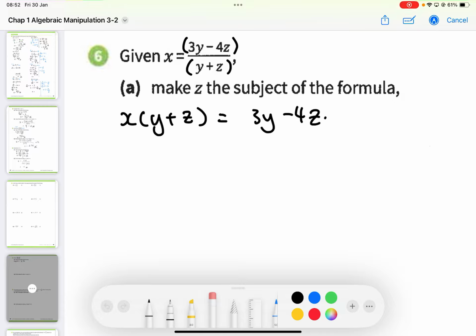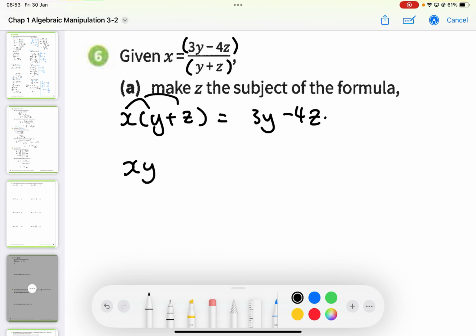I multiply across, then this side, I don't need to put the bracket already because it's by itself. But I still have a Z here, I still have this Z inside the bracket. So this time no choice. I want to free this Z, I need to do my expansion. X times Y, XY.